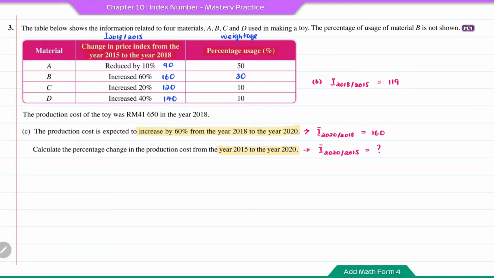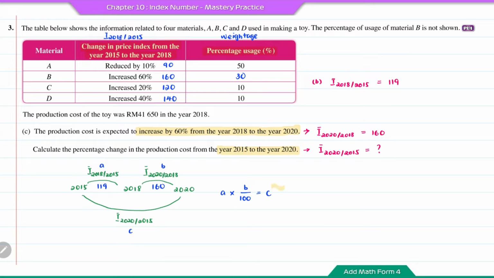So here we can use the SMART method to find the composite index in the year 2020 based on 2015. So here will be the 119 and here will be the 160. Refer to this calculation method. The composite index in the year 2020 based on 2015 can be found when we take 119 and multiply it with 160 over 100.